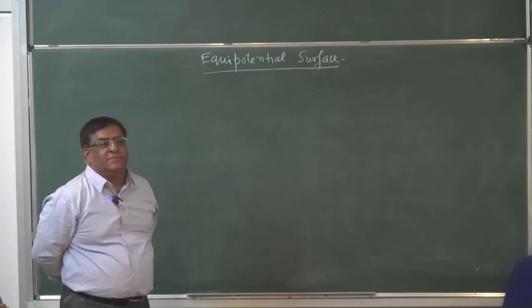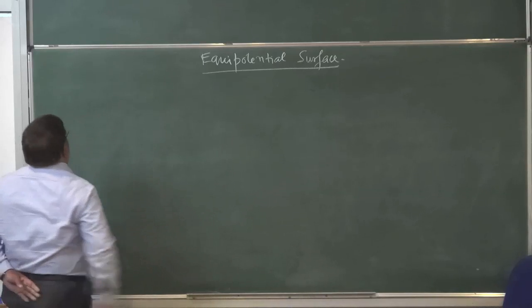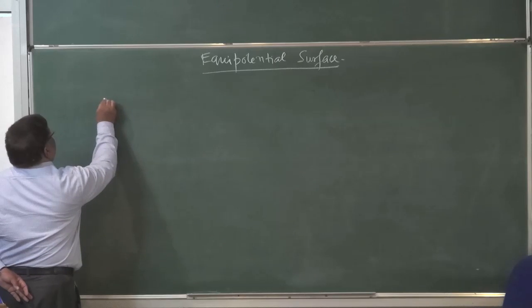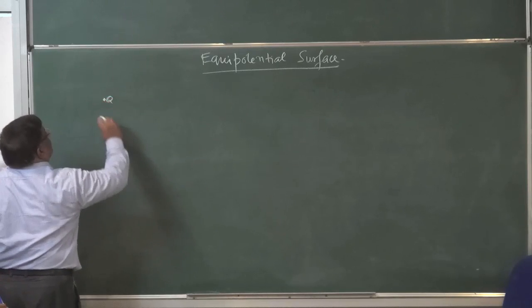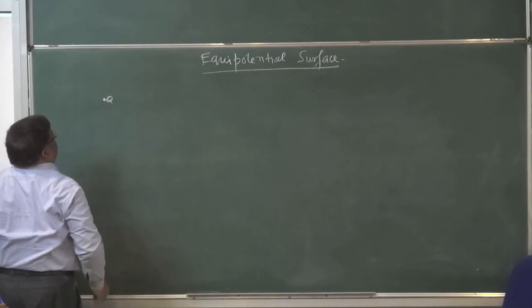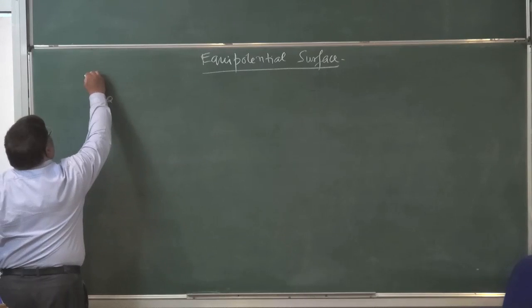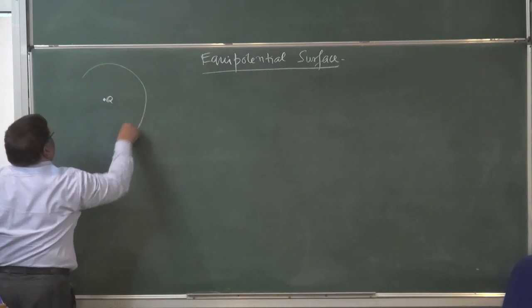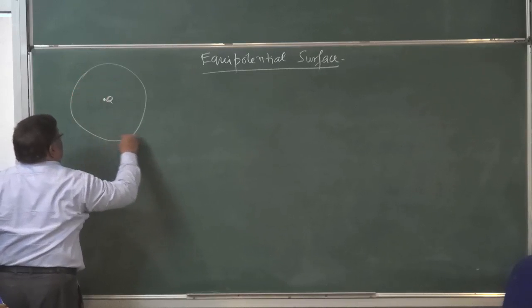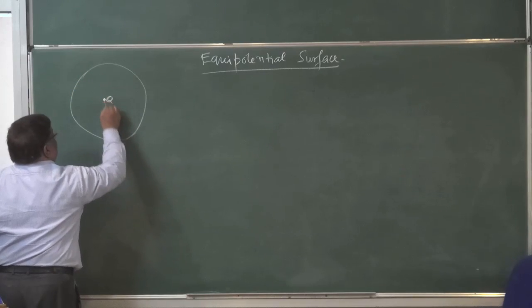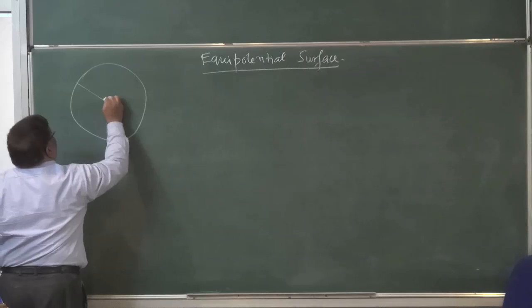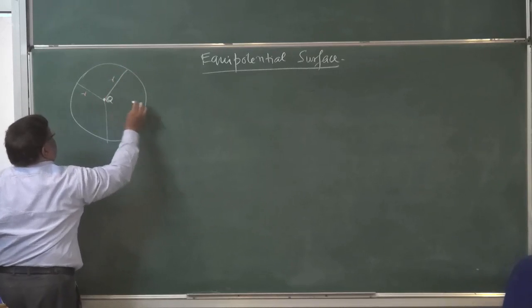Equipotential surface. There is a charge here, the source charge. It has an electric field all around it. Let us assume a surface in the shape of a sphere or a spherical shell, and it has radius r everywhere.